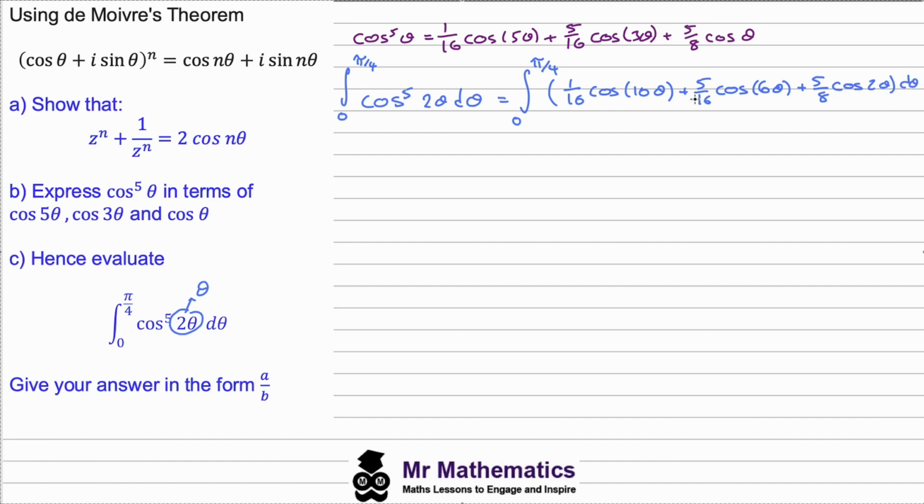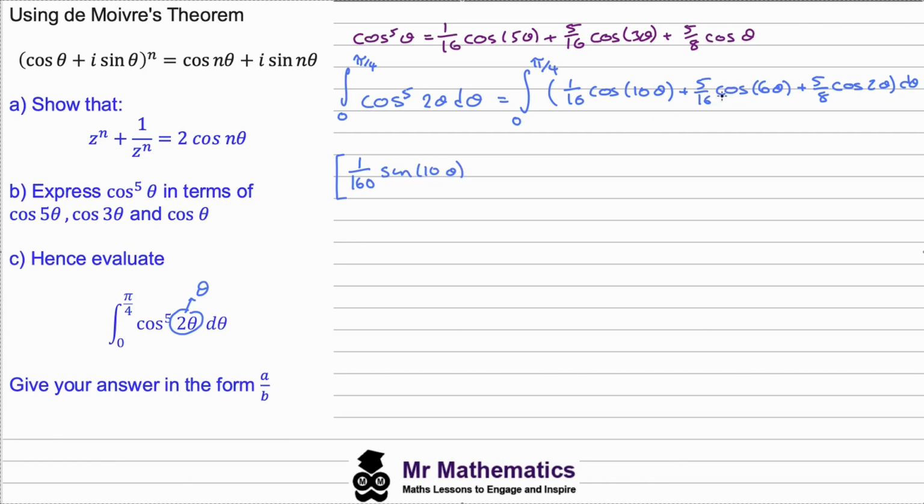And then we can evaluate this integral using the reverse chain rule. So we'll get the 1/16 divided by 10, so 1 over 160. Then we'll integrate the cos to get sine 10 theta.